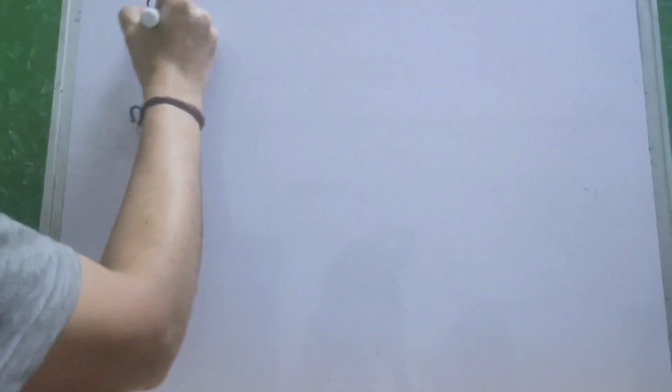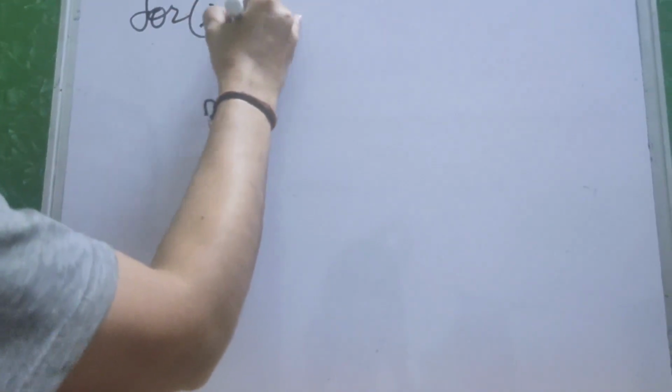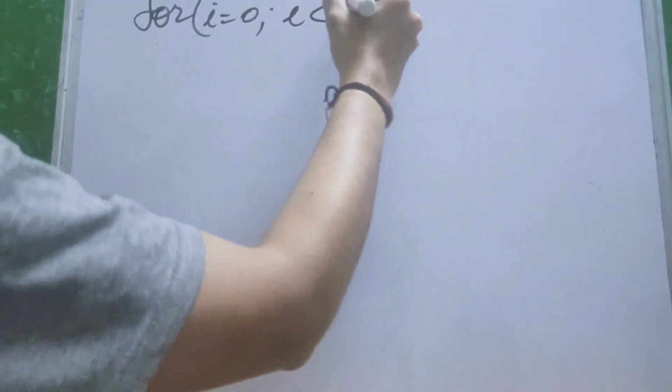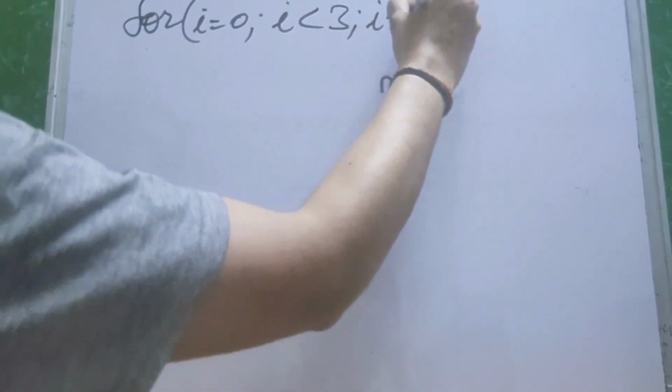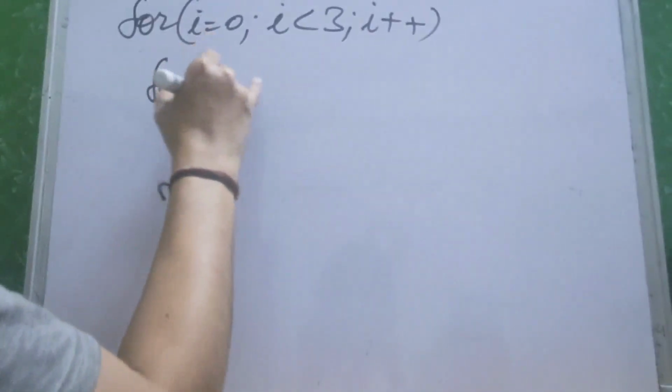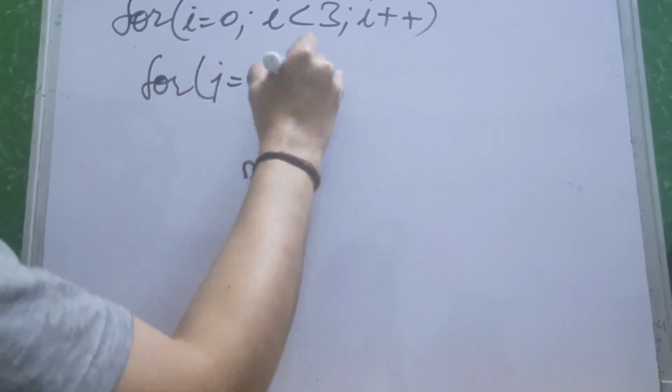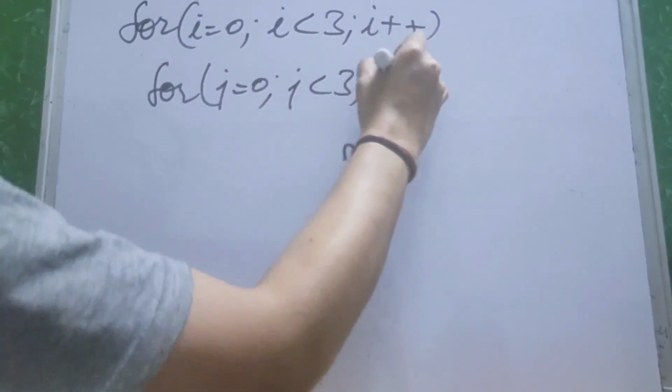So we will write the matrix loop. We have to write 3 loops for matrix. First, for I equals to 0, I less than 3, I plus plus. For J equals to 0, J plus plus.